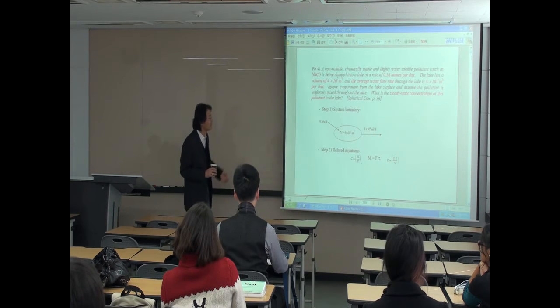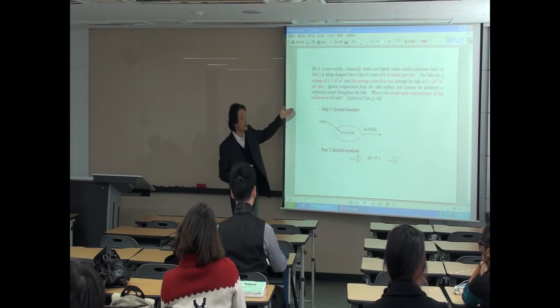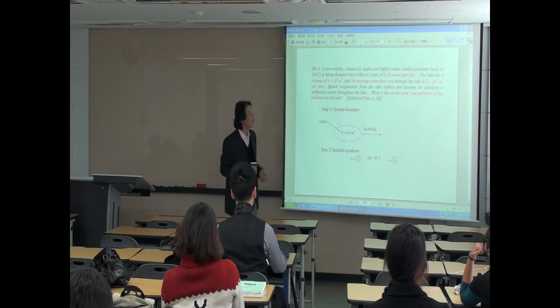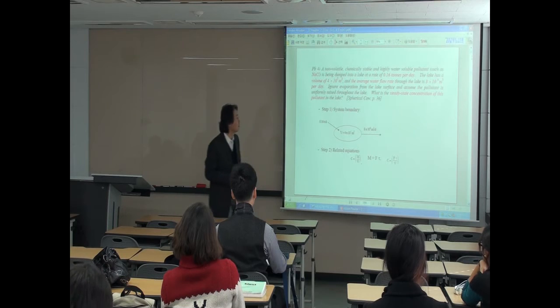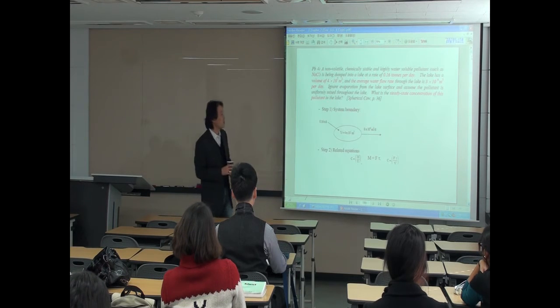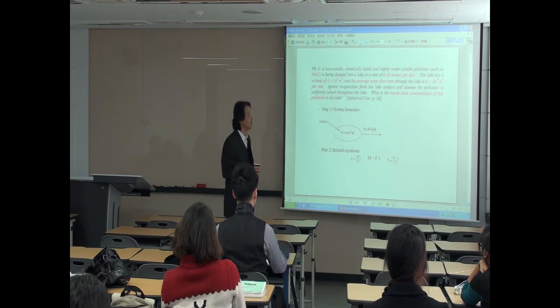Well, anyway, just assume somebody wants to dump solid salt into the lake. The lake has a volume of 4 times 10^7 cubic meters, and the average water flow rate through the lake is 8 times 10^4 cubic meters per day.